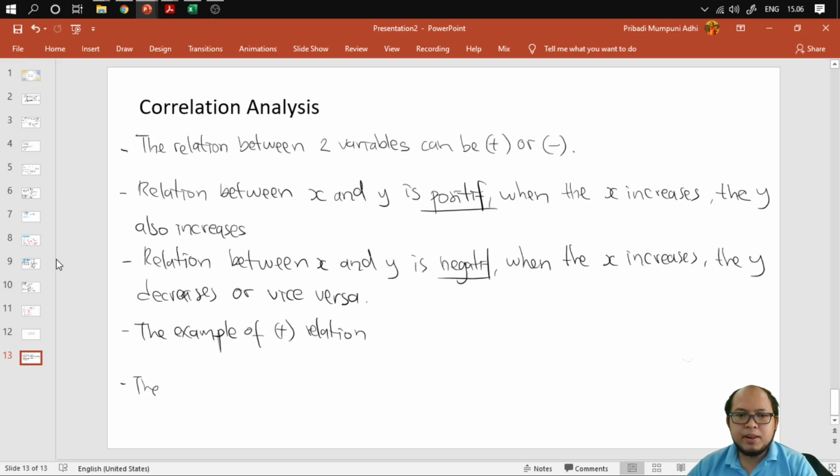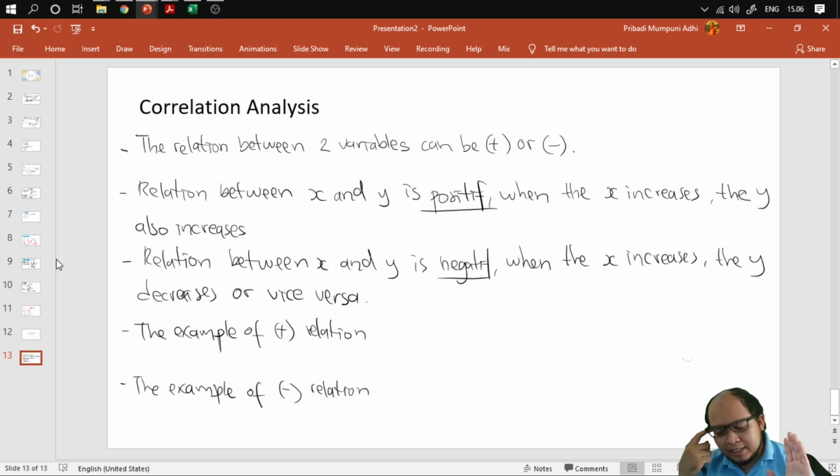And the example of negative relation is like the supply and demand of the goods. For example, the supply will be increased, but the demand will be decreased, or vice versa. The demand increases, the supply is decreased.